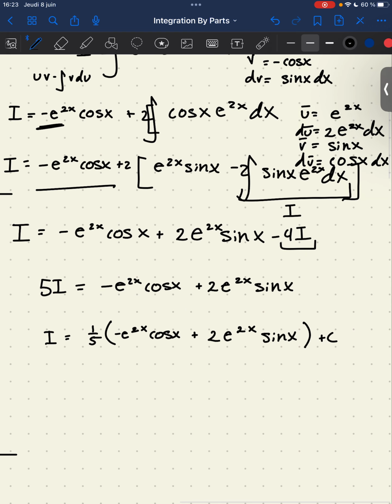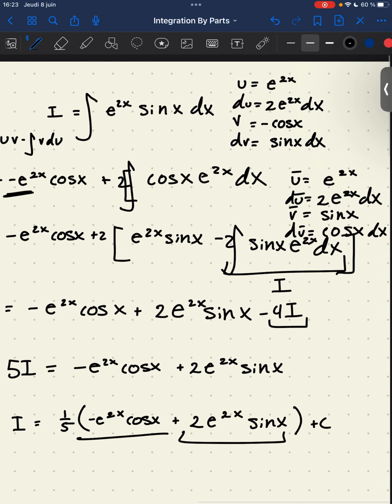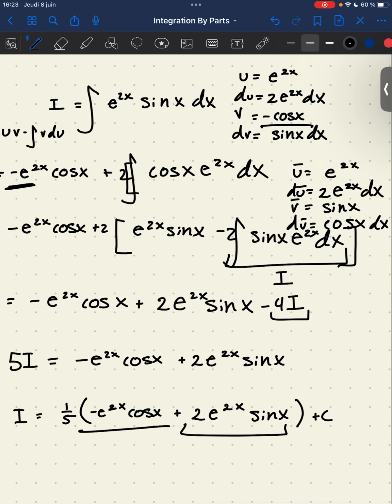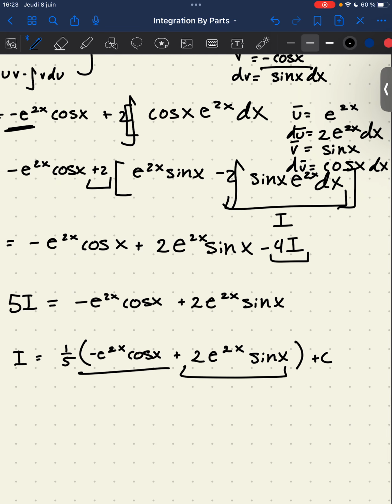This continues to be a negative all the way to the end, so this part is correct. Now we have to check for this part. So we have a negative here, which is negative negative here, which gives you a positive. So we wouldn't have to worry about this part right here.